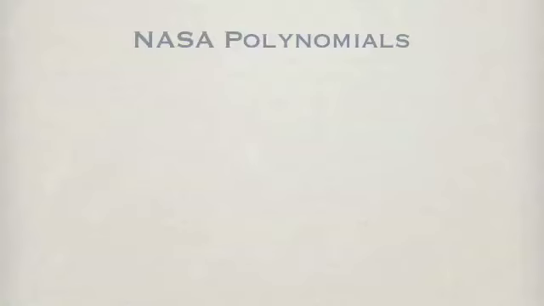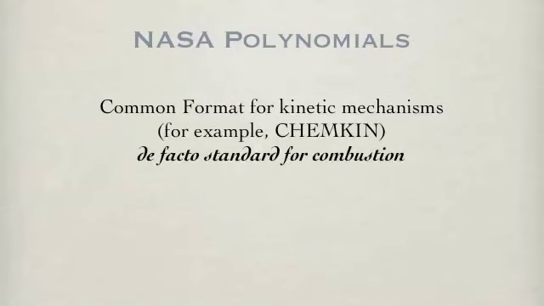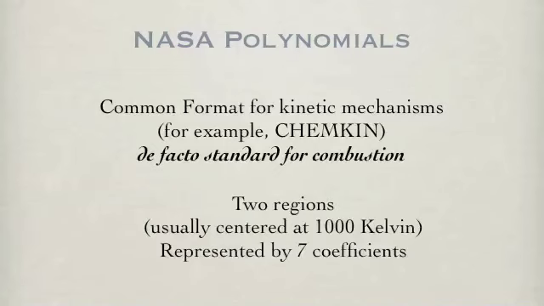Another source of thermodynamic information commonly used in kinetic programs is the NASA polynomial, meaning a polynomial fit to the thermodynamic information. This is, for example, used in ChemKin and is the de facto standard for combustion. 2 temperature regions are considered in the NASA polynomials: the region below 1000 degrees Kelvin and the region above 1000 degrees Kelvin.